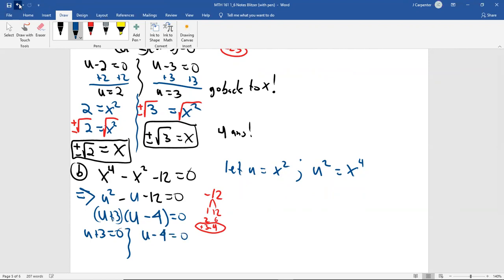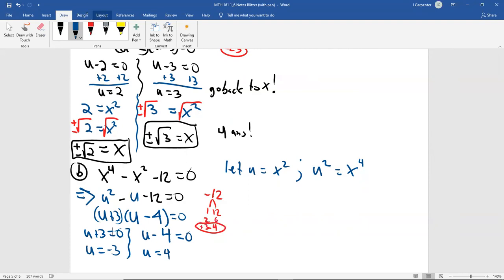Now that one looks like a 9. I know you wish you had a teacher with better handwriting. There we go. Subtract 3 on both sides, add 4 to both sides, you'll get u equals negative 3 and u equals positive 4.